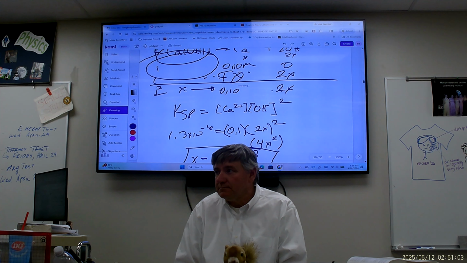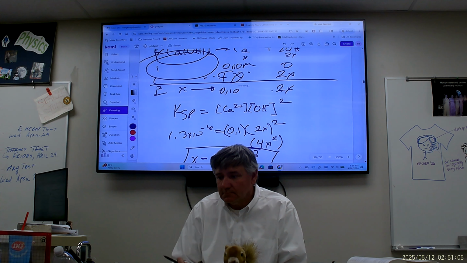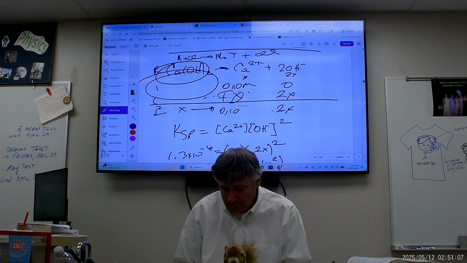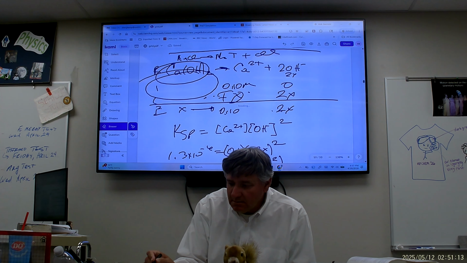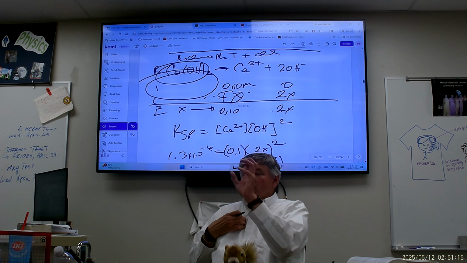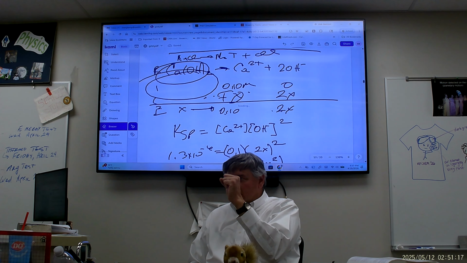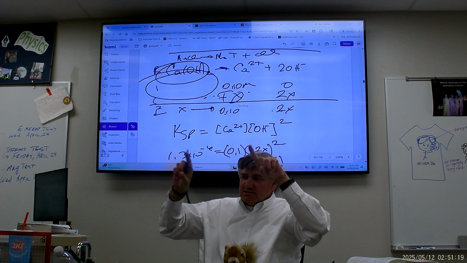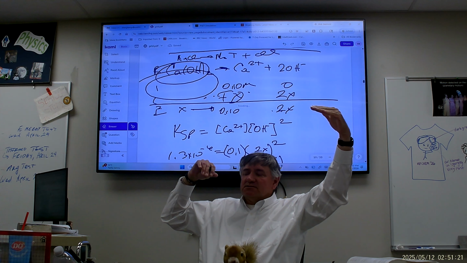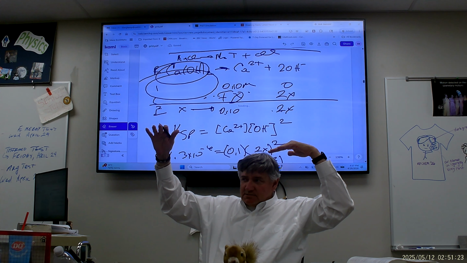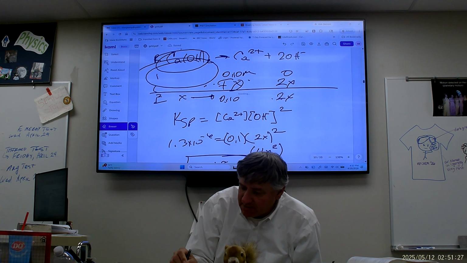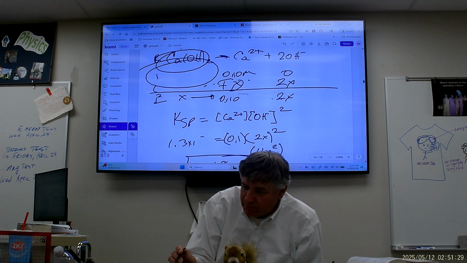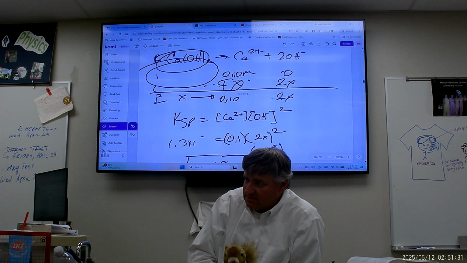Why did we not write x in the initial column? Why is there nothing in the initial? Because initially you have a chunk of calcium hydroxide, and this thing is going to dissolve until the calcium ion and hydroxide ion concentrations reach a point where, mathematically, when you multiply them together, you get that 1.6 times 10 to the negative 6.